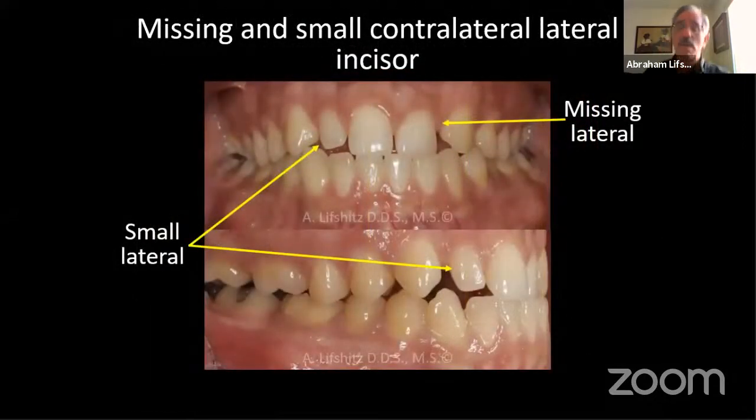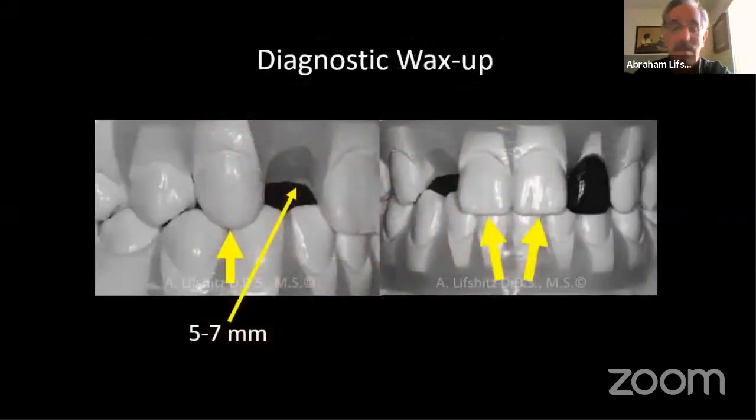What happens when we have a missing lateral incisor on one side and a peg lateral on the other side? What I always do is a diagnostic setup. This is a very old diagnostic that I did in the mid-80s, in which the patient had a missing lateral incisor and a peg-shaped lateral incisor.